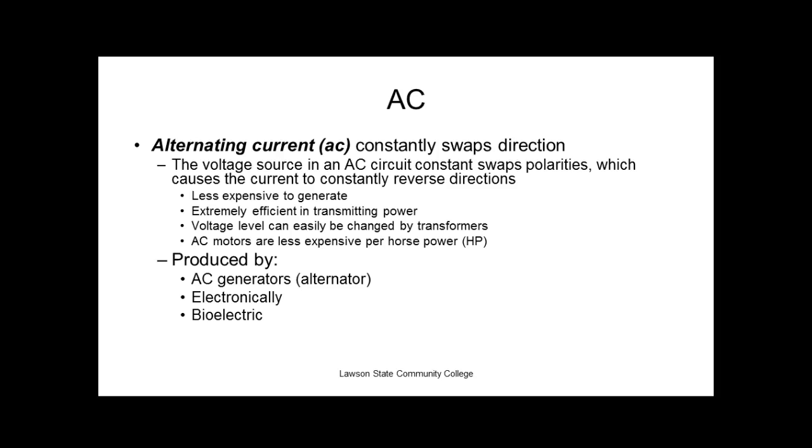The big advantage of AC is AC generators are a heck of a lot cheaper than DC generators. So it's cheaper to generate. That's why a long time ago, since cars operated off of DC, they originally put a DC generator in your car. But once they came out with solid state and got the ability to convert AC into DC, they switched over to what?